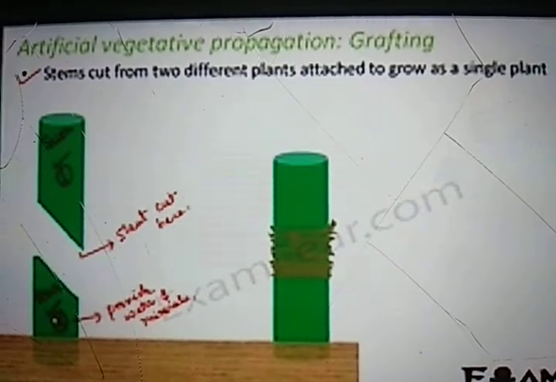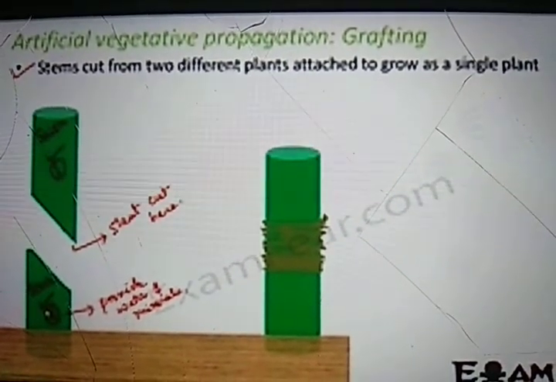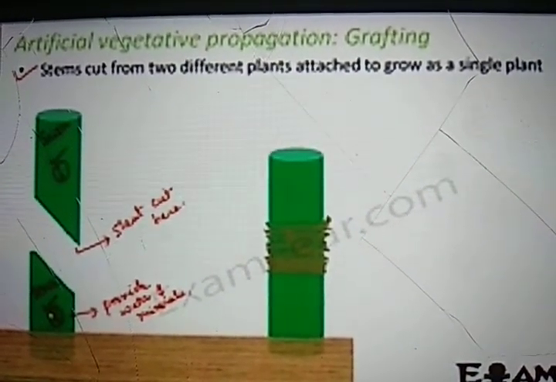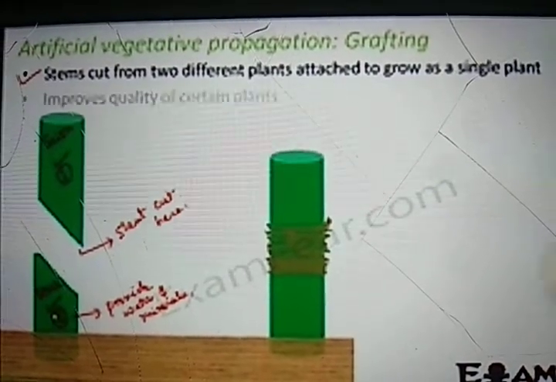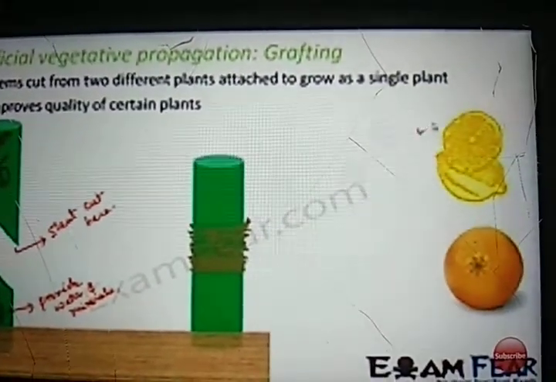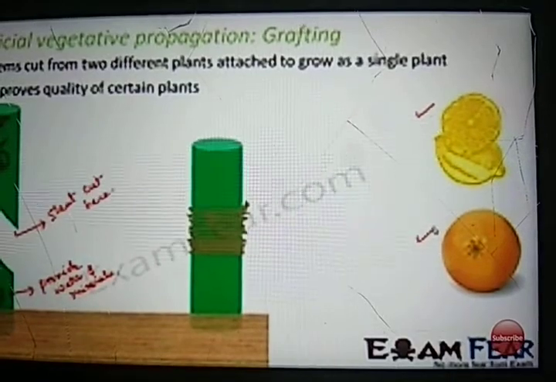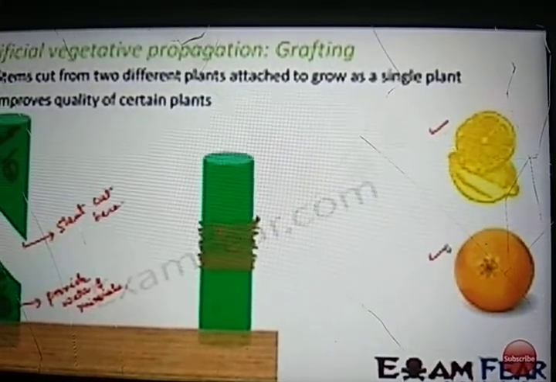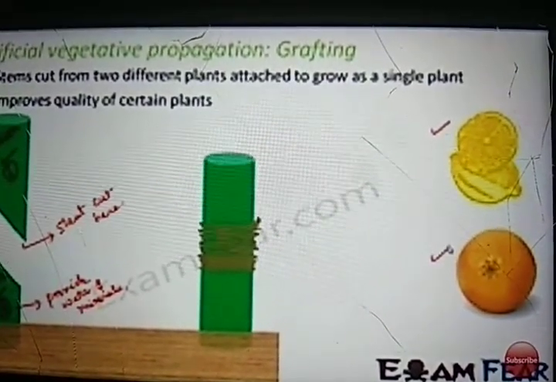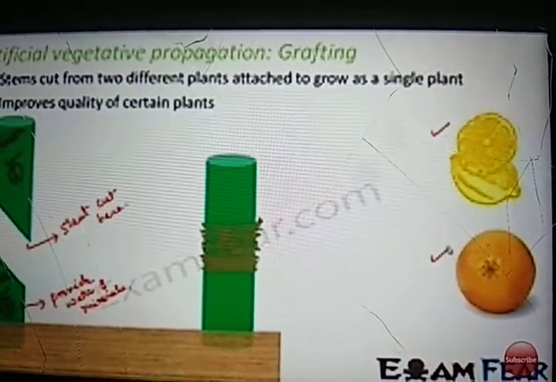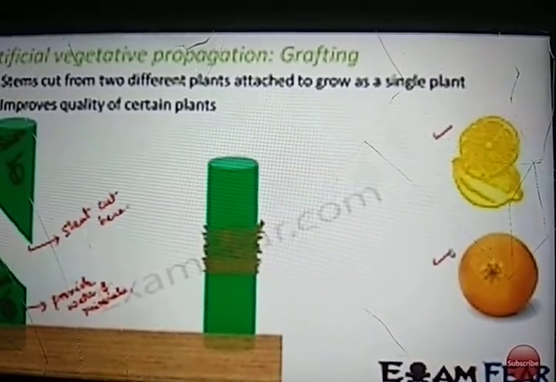In fact, I will give you an interesting example where grafting is used. Lemon and orange. These are two different things. So take this example of lemon and orange. Do you think that they are exactly identical to each other? Not really. Both of them are citrus fruits, but they are different from each other. So what makes them different?